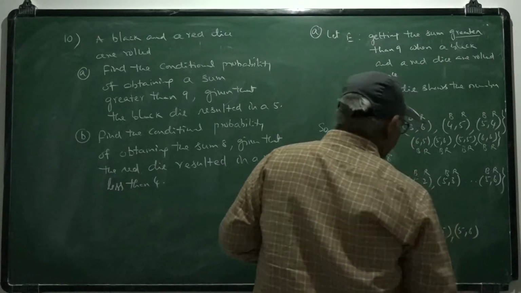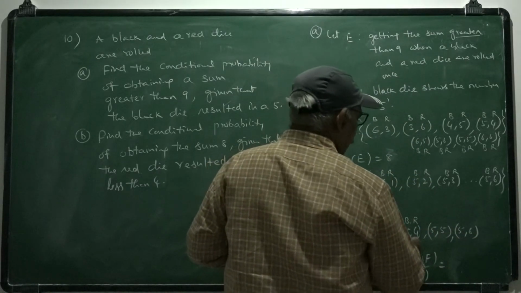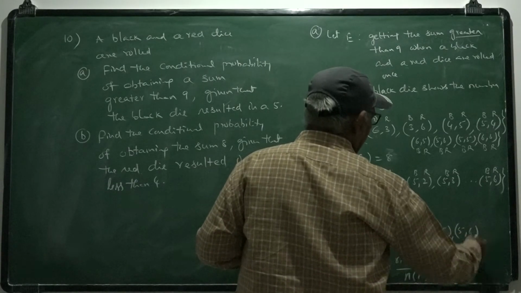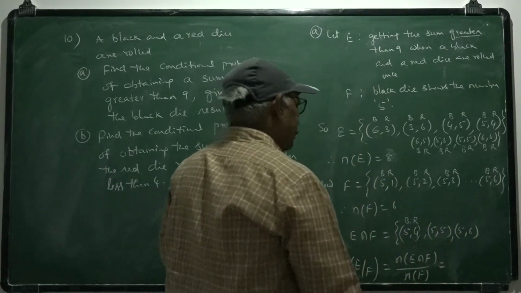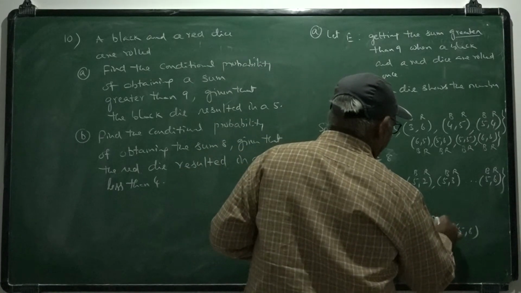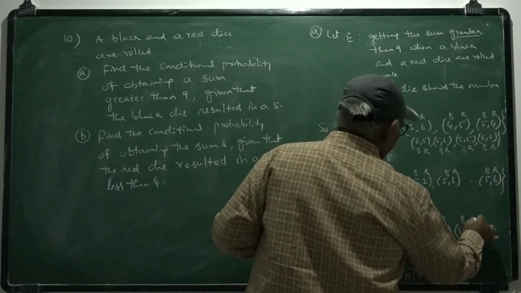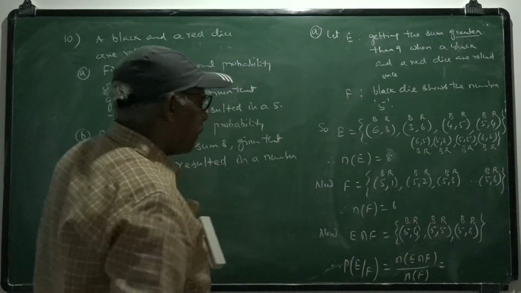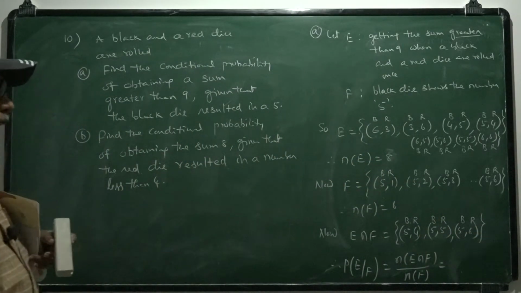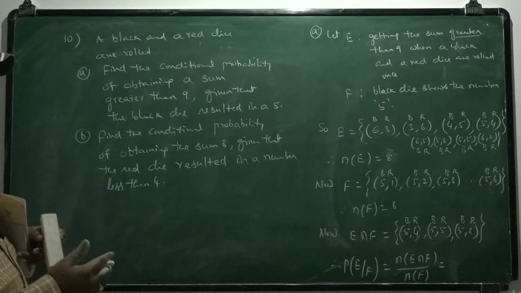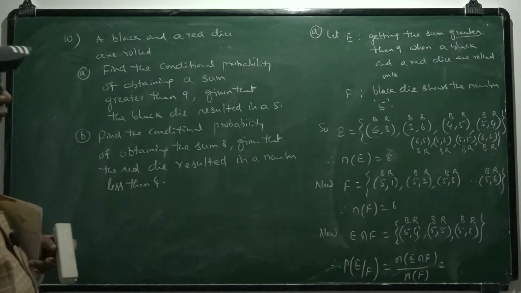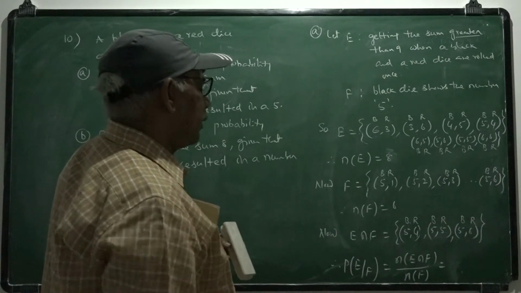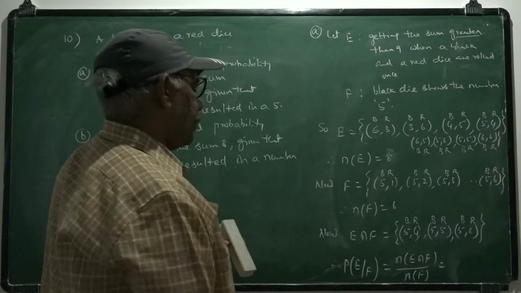So 5 comma 4, 5 comma 5, 5 comma 6: this is 9, this is 10, this is 11. Getting 5 on the black die and overall the sum greater than 9 is possible for 5 comma 4, 5 comma 5, 5 comma 6 only.